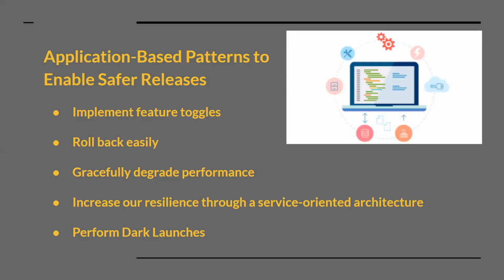Application-based patterns to enable safer releases. There is implement feature toggles. This is the primary way that application-based releases are enabled. Then we have rollback easily, which means features that can create problems or interruptions in production can be quickly and safely disabled. Gracefully degraded performance is when a service experiences extremely high loads that would normally require an increase in capacity or risk having the service fail in production.